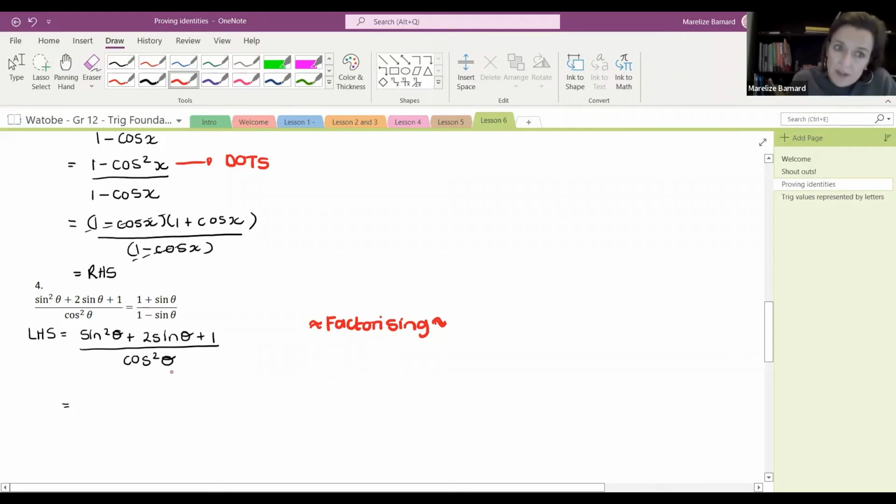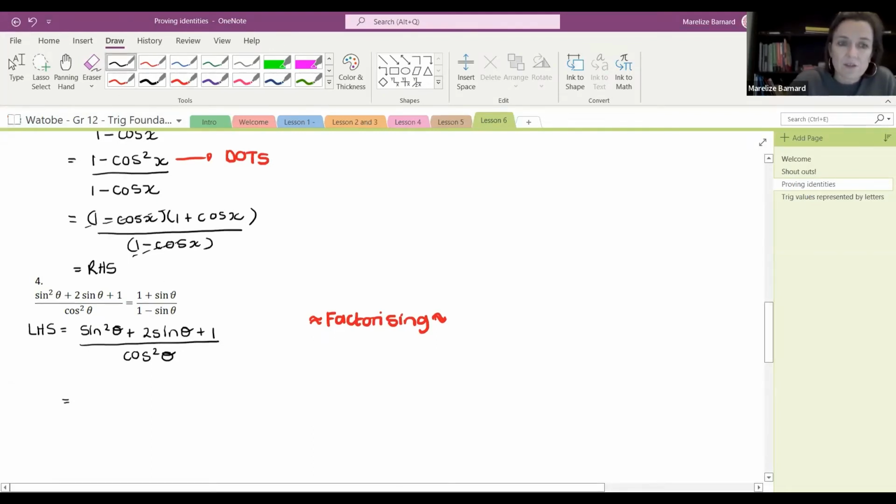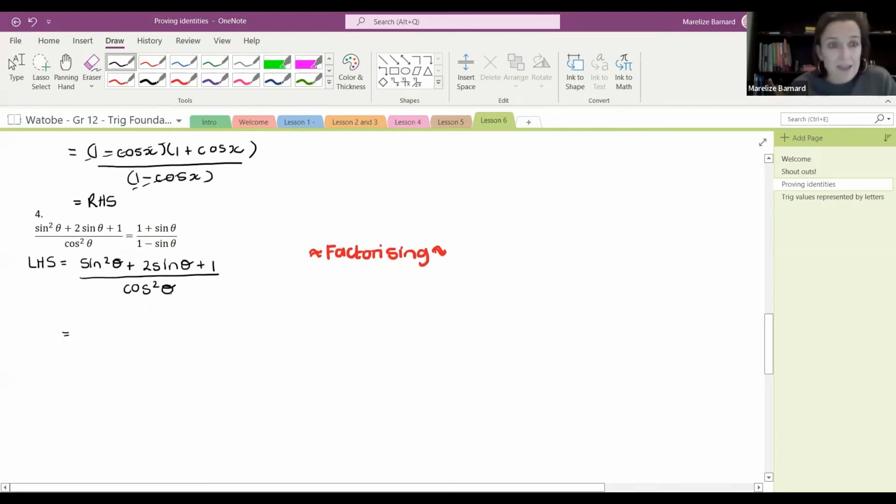But I also agree that we should change the cos squared to 1 minus sine squared, because then we'll only have sine in our identity, which makes it easier to work with because then everything's the same. Remember in maths, we try to get things to be the same because then we can work with them. Okay, so for my first step, I'm just going to do that.